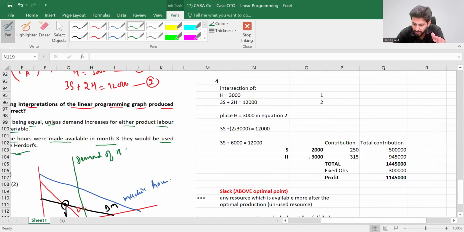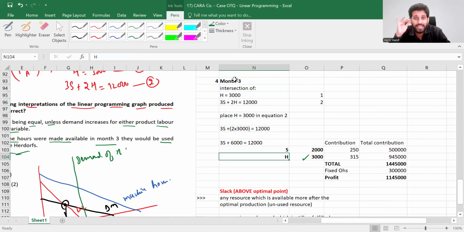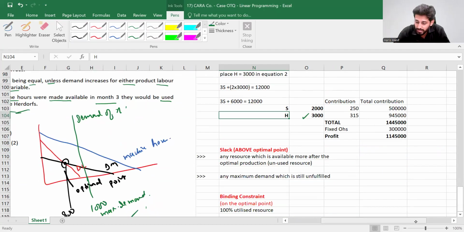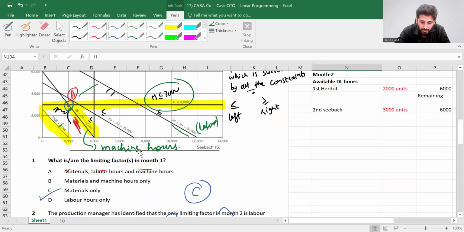Month number 3, heard of is 3,000 already made. So the maximum demand is fulfilled in month number 3. See that this is MCQ number 4 for month number 3. In the above MCQ, we have already made 3,000 units, and 3,000 units of heard of is the maximum demand.